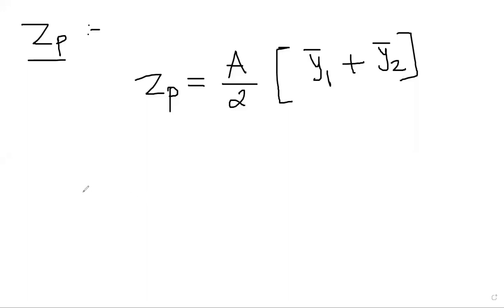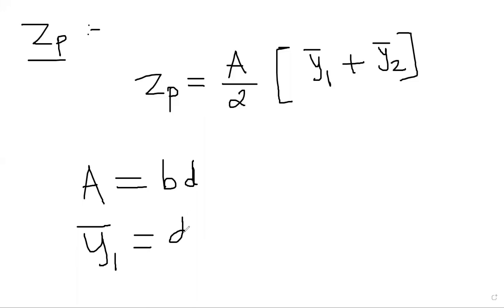Now one by one we will proceed. What is area? A is equal to, for rectangle, B into D. Area is equal to B into D. Now Y1 bar is equal to, how much is it? D by 4. You can see the diagram. डायग्राम बघा एकदा, चेक करा. वरती जे डायग्राम ड्रॉ केलात तिथं आपण लिहिलेलं आहे सगळं.